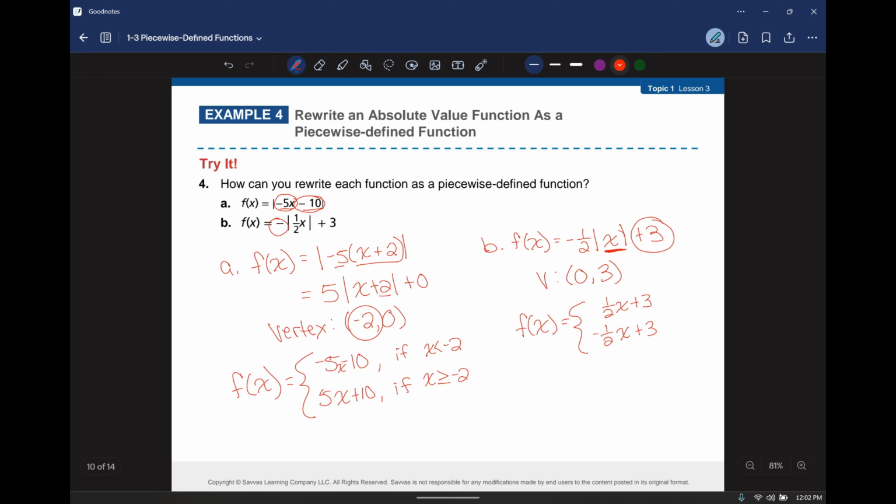Because all I changed was the value of what was in here. So I did the positive version of that, and I did the negative version of that. A negative times the -1/2 would give you a positive. That's why this one's positive. And then a positive times the negative would give you the negative. Comma, comma, if. So this would be when x is less than 0, and this would be when x is greater than or equal to 0.